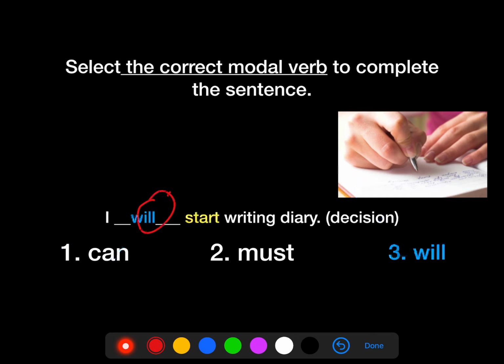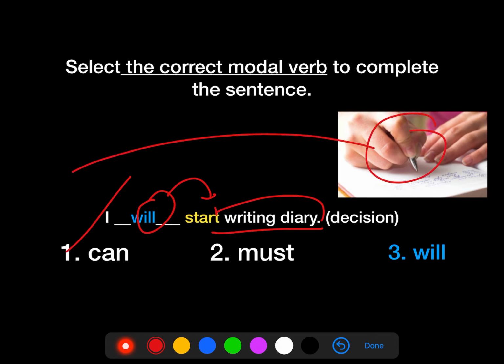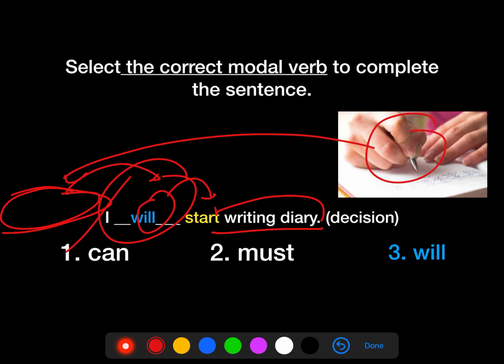I will start writing diary. So this person hasn't planned writing a diary before, but she or he said, I will start writing diary from now on. So he made a promise to himself. So he made a decision to him or herself. So we should use the modal verb will, which indicates decision, in the sentence.